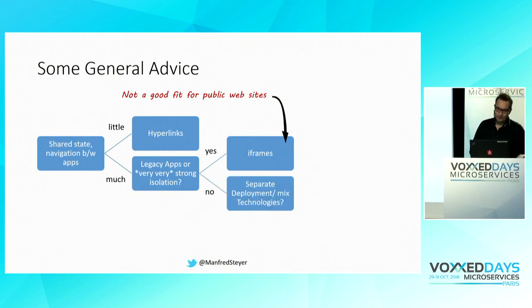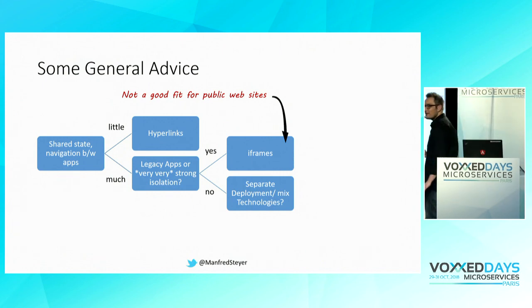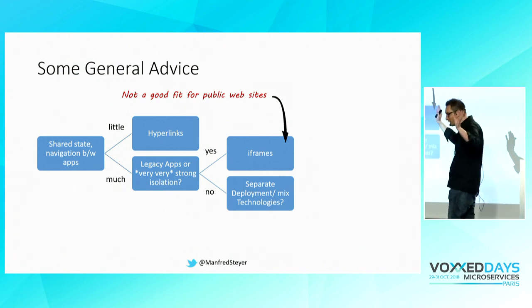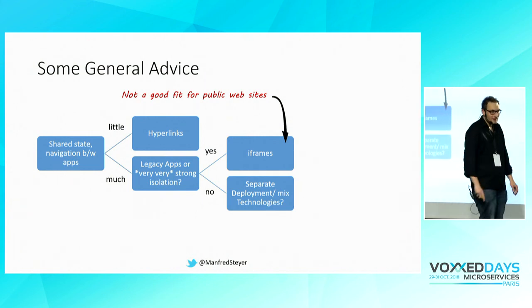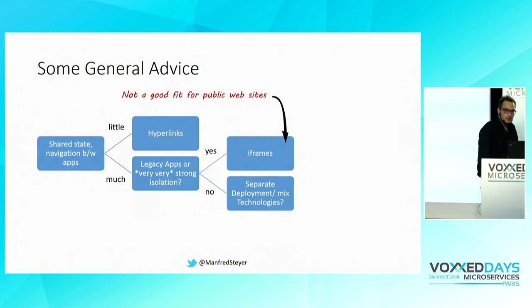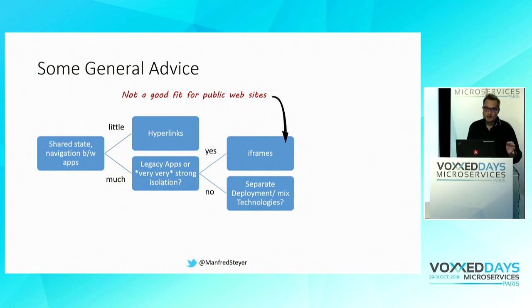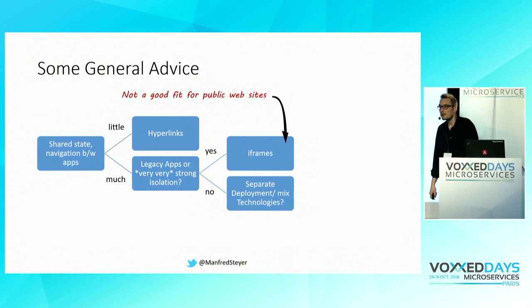When you say no, legacy is not a topic, we live in the beautiful new world, and when you say no, we don't have to integrate other stuff, then the next question is, do you need a separate deployment and a mix of technologies on the client?